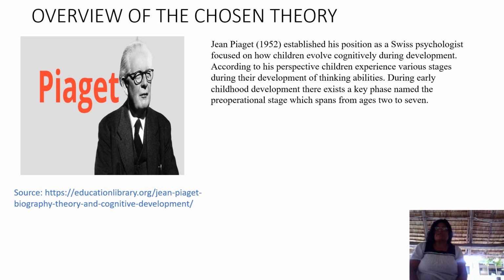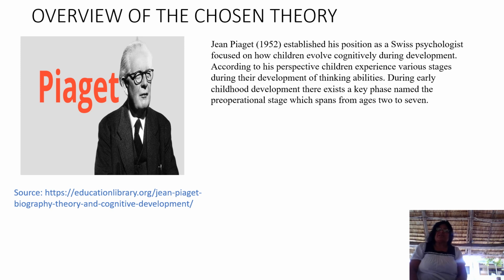Children start creating symbols, which include pictures and words, to symbolize objects, while also symbolizing their actual experiences. Their cognitive development remains illogical compared to the pattern observed in adult minds.